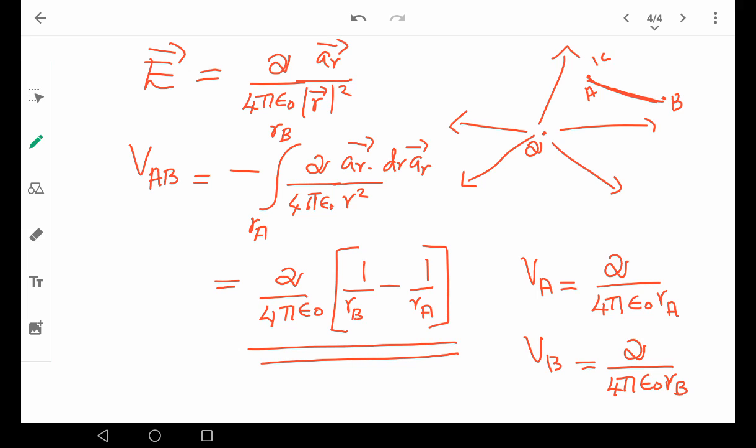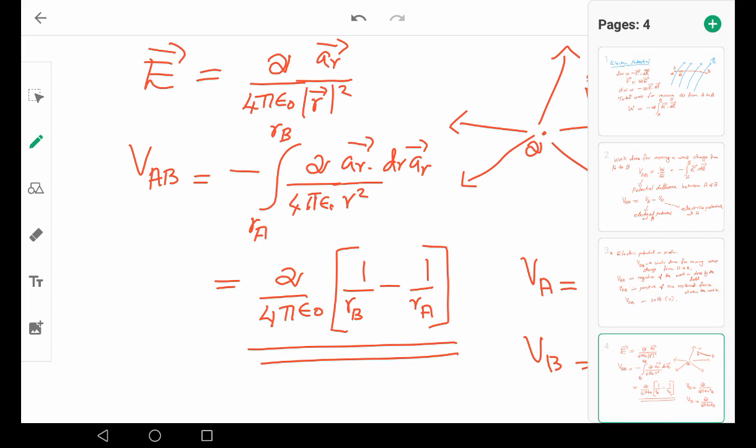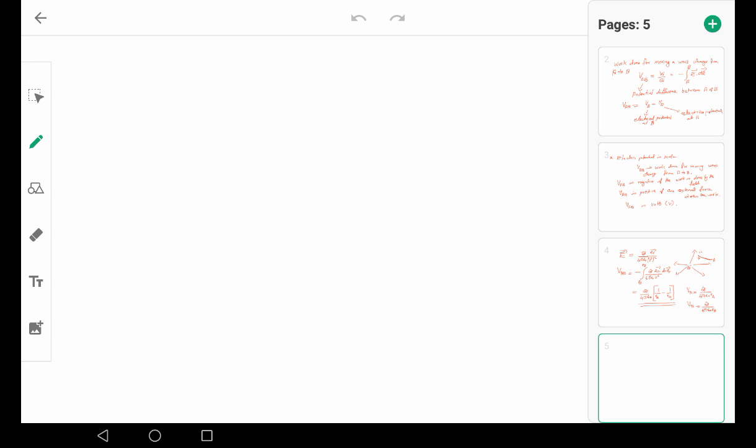So till now we have defined the potential difference VAB, right? But we can say that at any point, for example, point B has potential VB. Similarly, point A has potential VA.